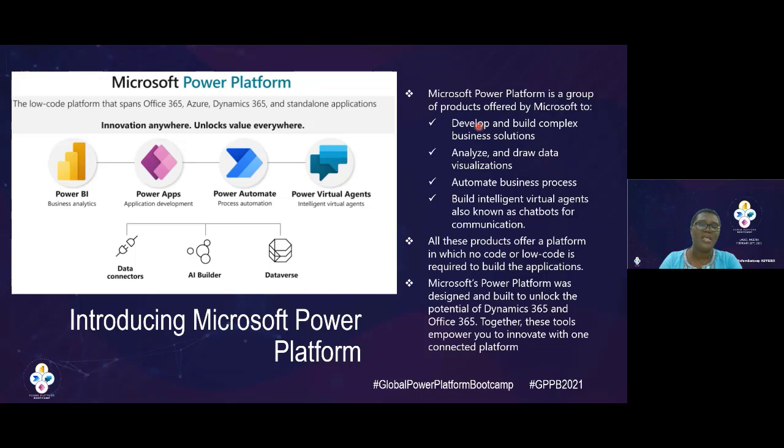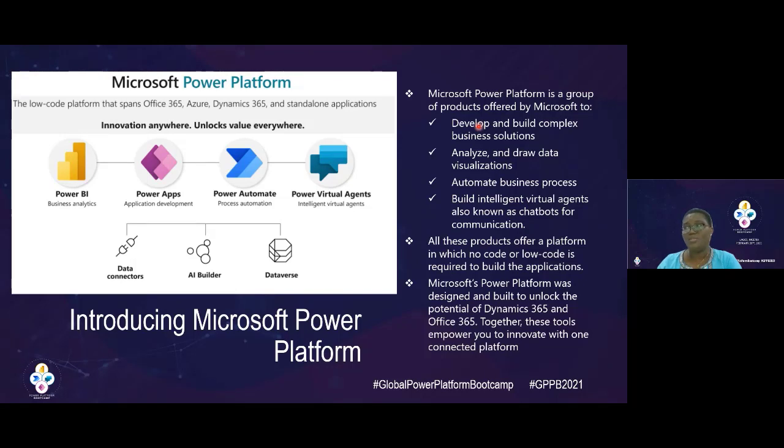So I call it a better together scenario, because when you look at the integration with Office 365, especially what we're going to look at today, how the Microsoft Power Platform is now being integrated with Microsoft Teams, you'll see the value that you get and why it unlocks all of the potential that you can do even more with the Office 365 component.